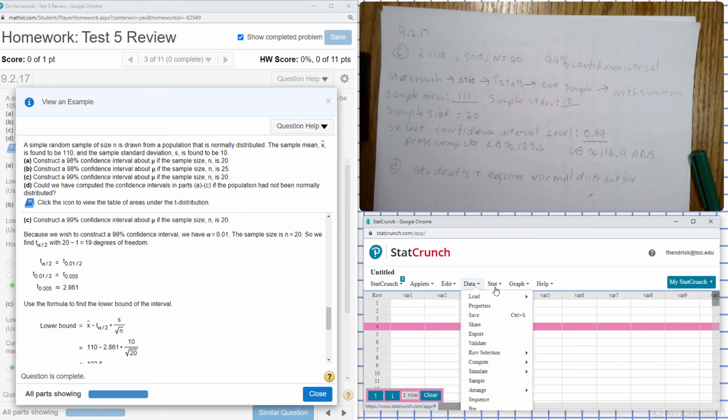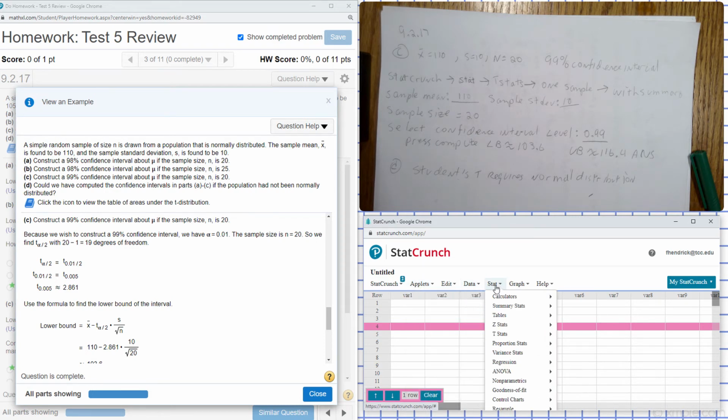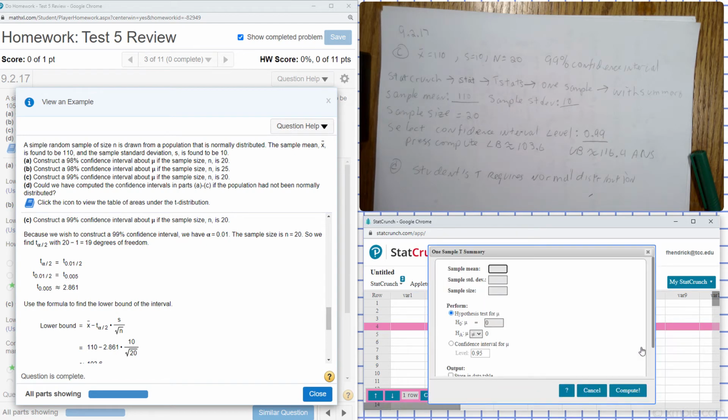So we can go ahead and select Stat, then T Stats, and One Sample with Summary. And then we can put in our mean, which is 110, standard deviation, which is 10, and the sample size, which is 20. Select the confidence interval.